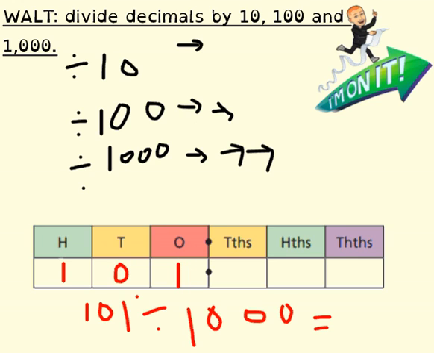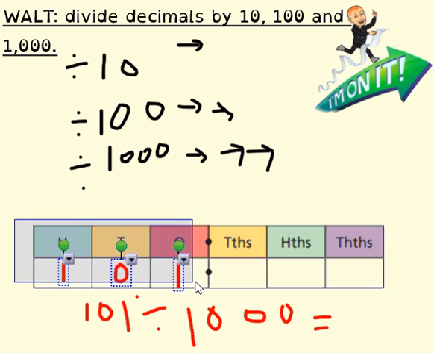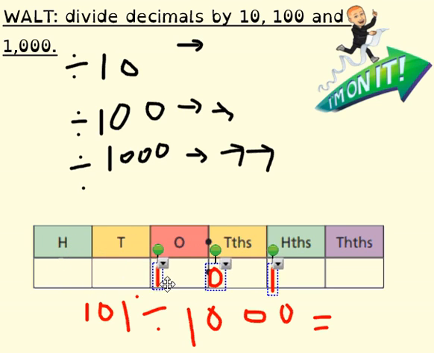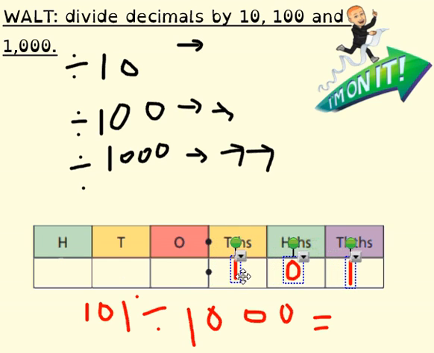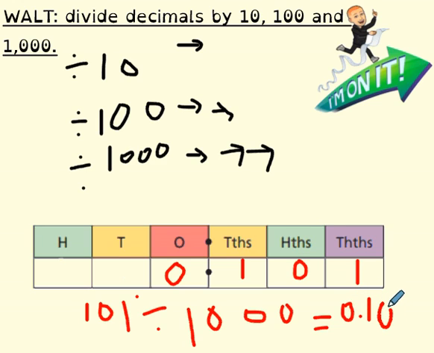As I'm dividing, I'm going to the right. Because I'm dividing by 1,000, I'm moving 3 places to the right. So 1 place, 2 places, 3 places. If I have a blank column before my decimal point, you'll need to put that place value holder in. So 101 divided by 1,000 will be 0.101.